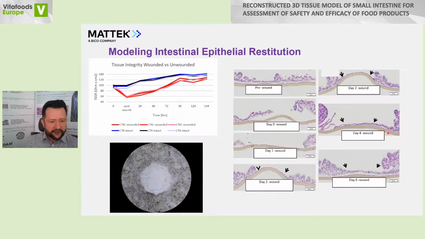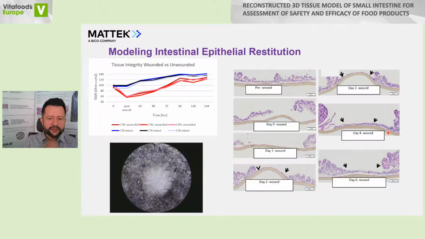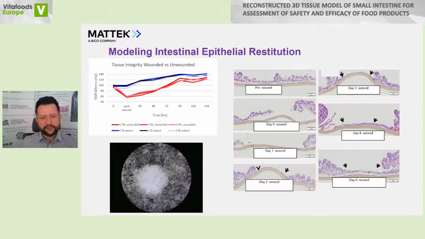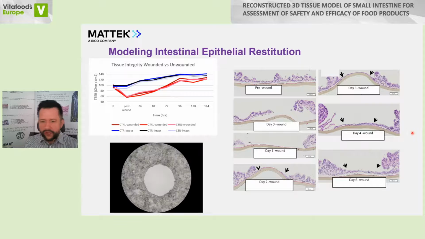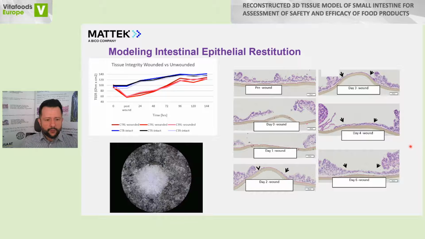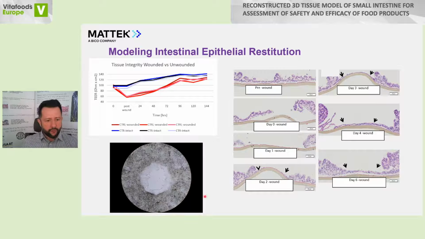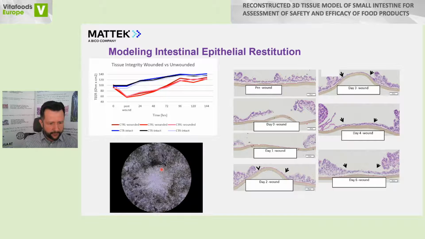Another interesting area which we studied quite a bit recently in our lab or with our collaborators is the study of wound healing or epithelial restitution. We can use the model to generate a wound. Here on this little video, you can see the progression of this wound.